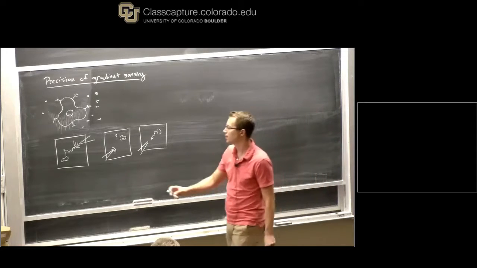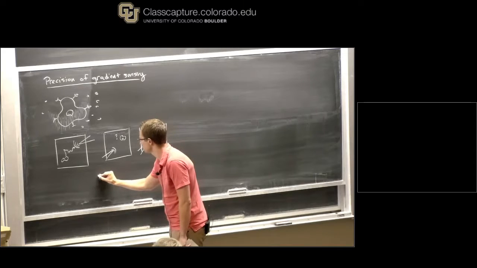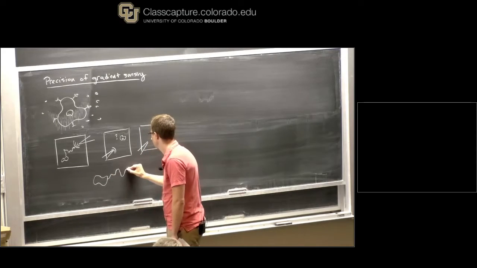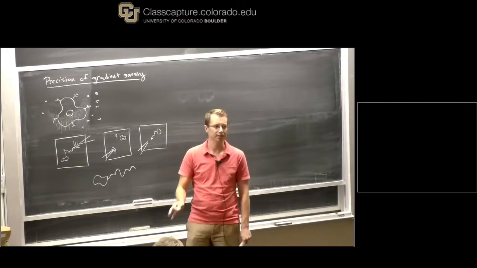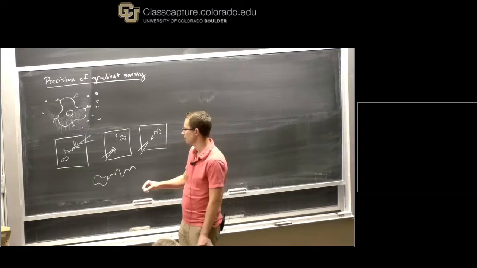And this type of motion can be quantified in many different ways, but a common way to do it is to define what's called the chemotactic index. Chemotaxis is a fancy word for moving in the direction of a gradient, a chemical gradient.